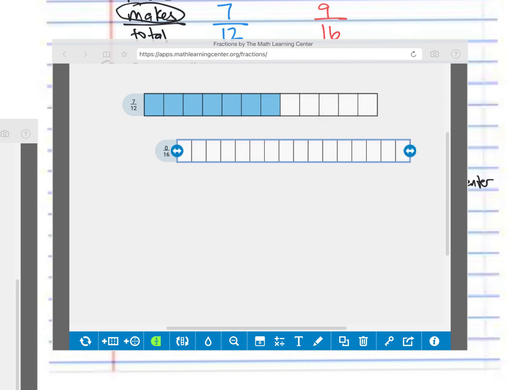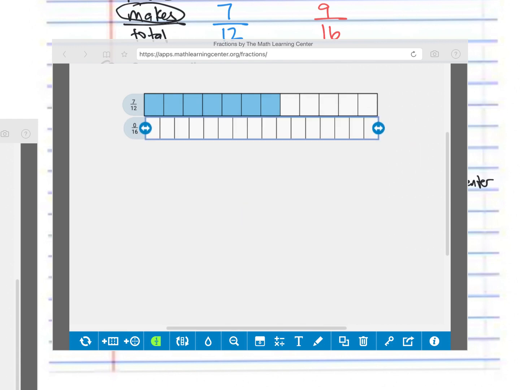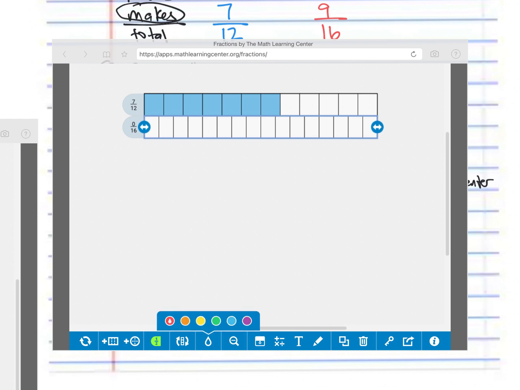All right, so I'm going to drag these so they are perfectly in line. And then I'm going to go ahead and shade Mateo's to show his 9 makes. All right, so now you can see that they're really, really close to each other, but overall, we can see that there's a larger ratio or a larger part of Shahid's bar that is shaded.